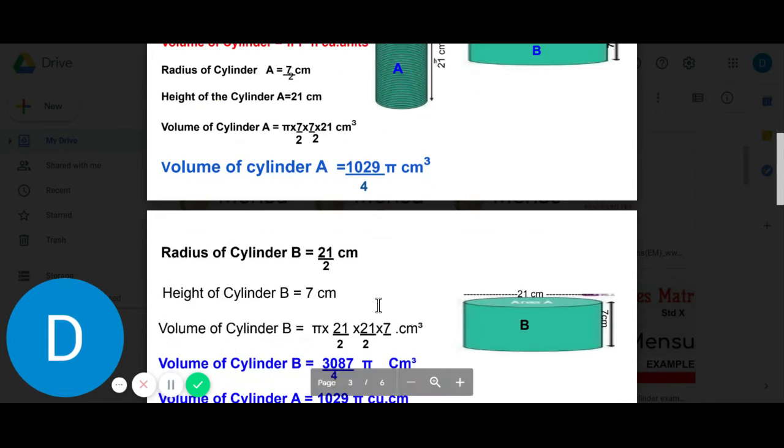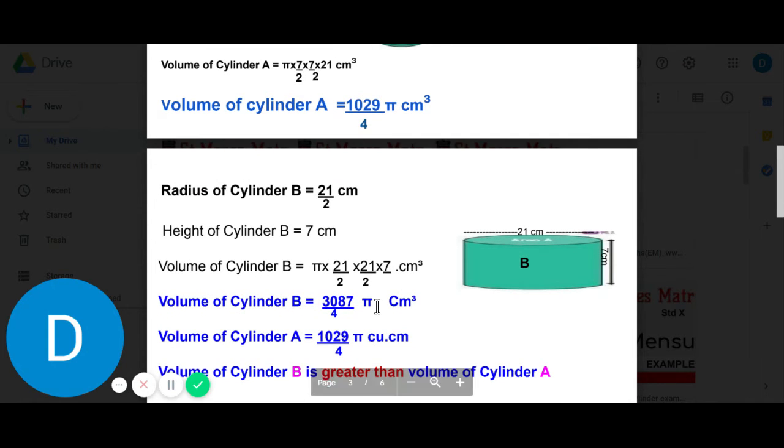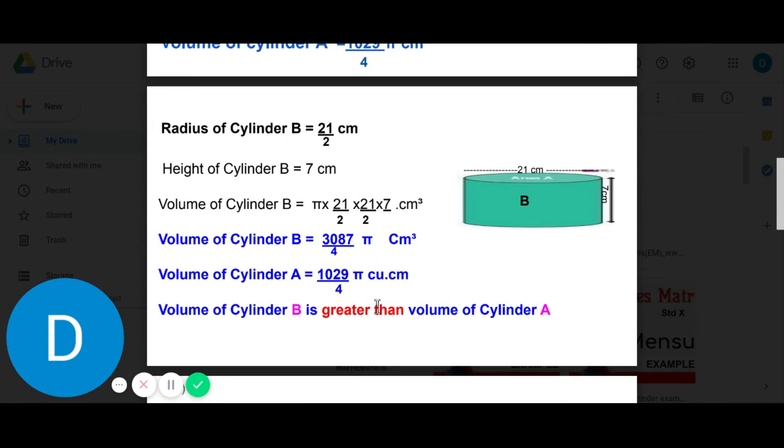Now let's find out the volume of the cylinder B. For the second cylinder, radius is 21 by 2 centimeter. Diameter is given as 21. Therefore, radius is 21 by 2 centimeter. Height is given as 7 centimeter. Volume of the cylinder will be equal to pi into 21 by 2 into 21 by 2 into 7 centimeter cube.